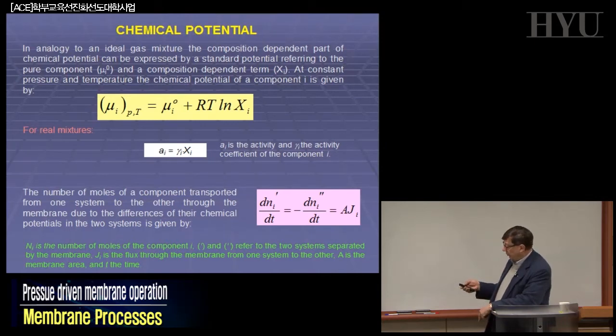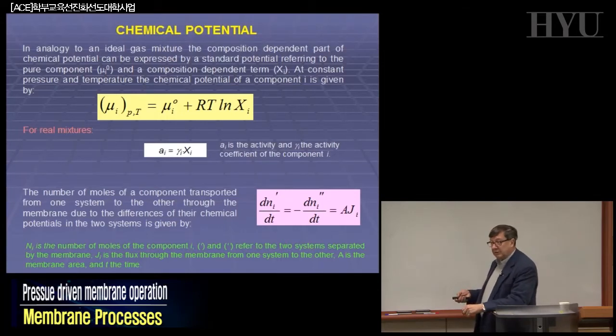And the activity, you know, is just the concentration multiplied by the activity coefficient. The activity coefficient is giving you the fact that the concentration and activity are not equal normally. If you are not working with very dilute solutions, there are deviations of concentration from the ideal value, and that is what is measured through the activity coefficients.